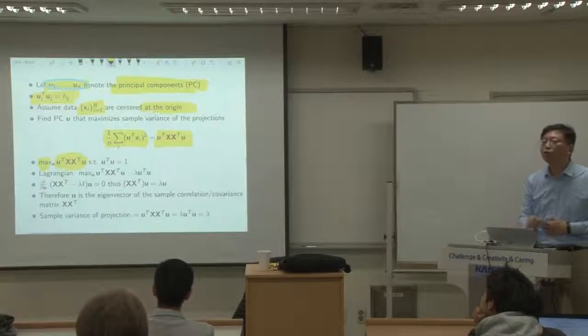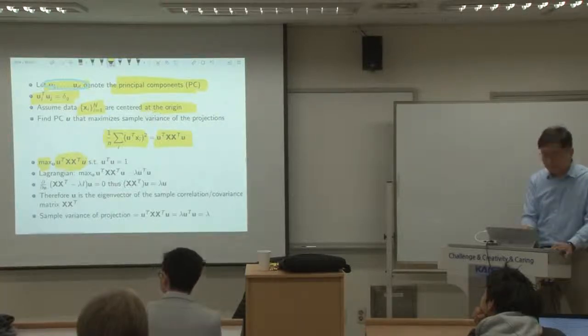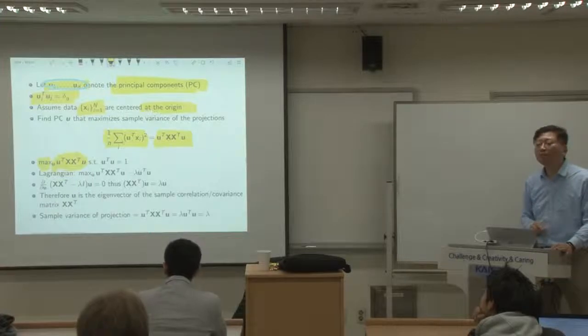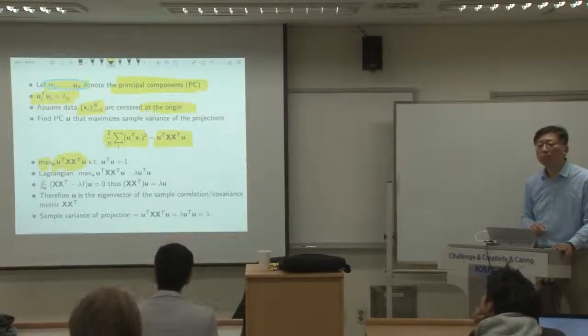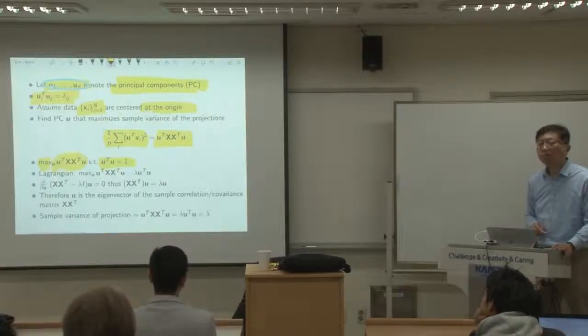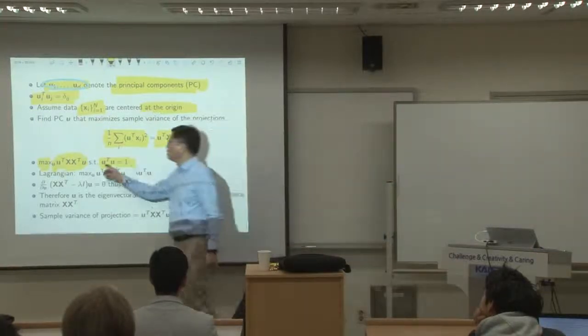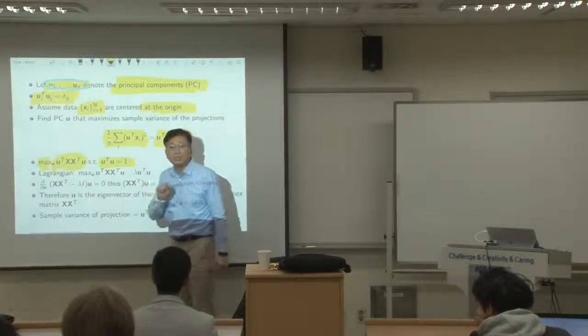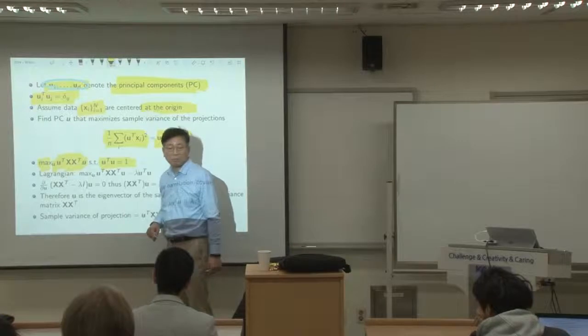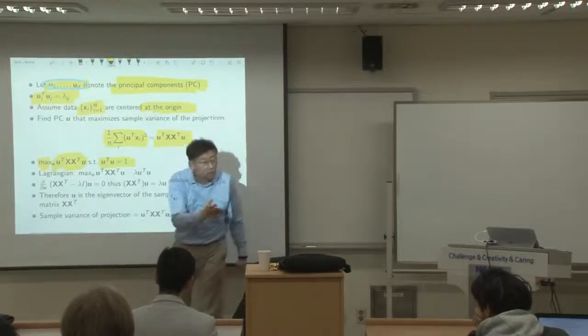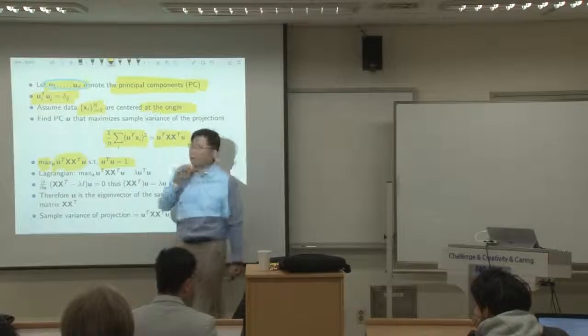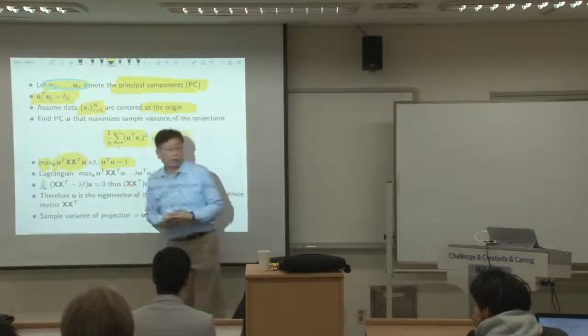Maximize the projected variance with respect to U, such that the projection is unit value. You talked about orthonormality, but this is a unit vector. So how do you do this?